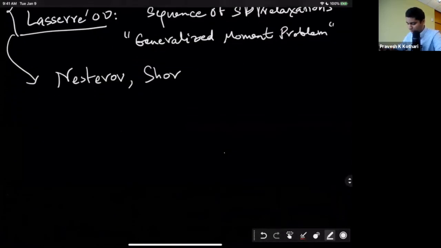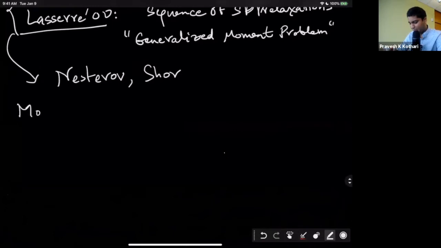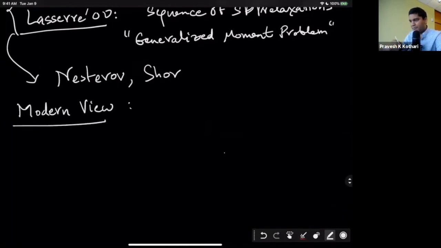So what we are going to focus on is what I like to call the modern view, which for me begins in the 2010s. In the 2010s, in TCS, people started thinking beyond the kind of SDPs that Goemans and Williamson were writing, to solve problems related to the unique games conjecture.